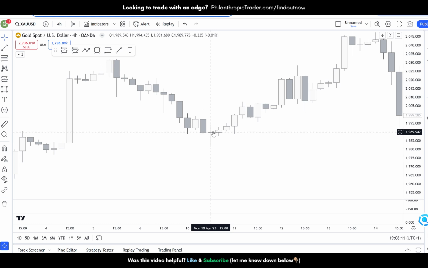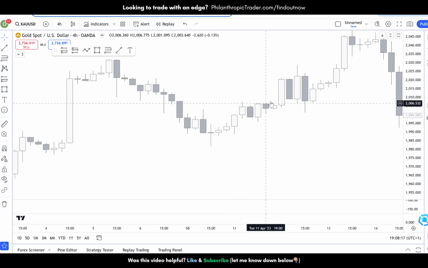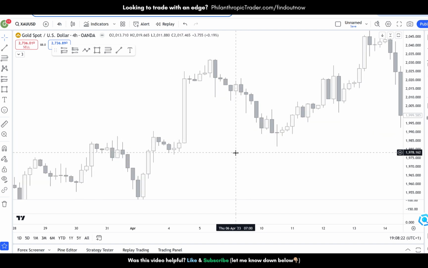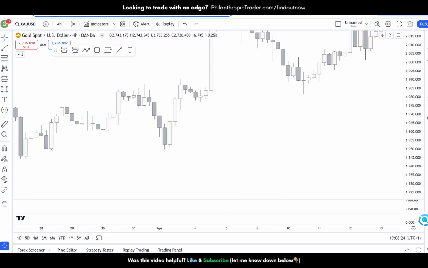So there's a lot of indecision. But then we see that eventually the buyers get the overhand, and we see price goes to the upside. So this is called a doji candle. Those three are basically the most important candlesticks.